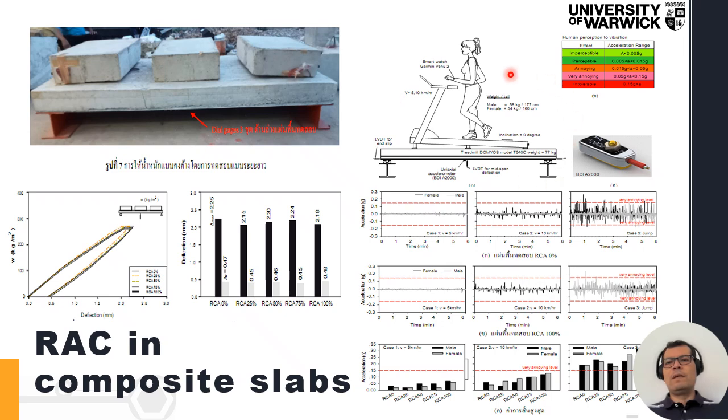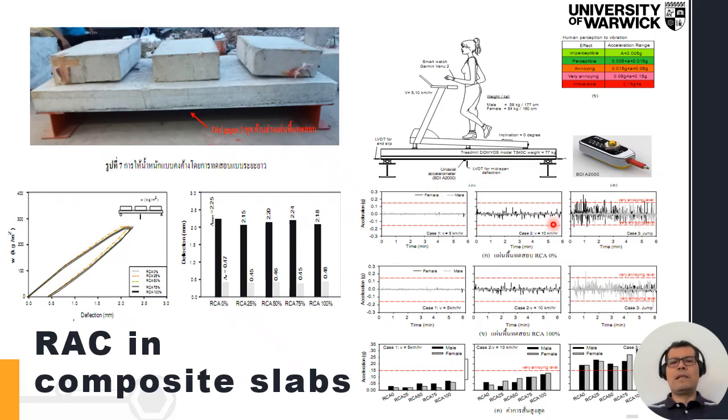We also did some vibration tests trying to induce some human vibration on those slabs. We used a treadmill, and then we asked participants to basically walk, run, and jump on that treadmill to measure the vibrations and the accelerations in those slabs.